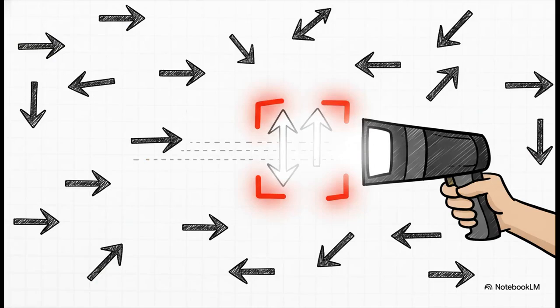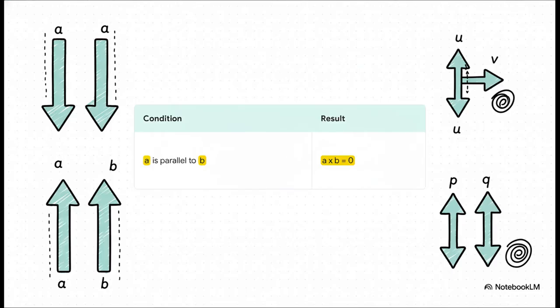Now, for the other side of that coin, it should come as no surprise that the cross product has its own equally useful superpower. And here is the crucial takeaway. If two vectors are parallel, their cross product is the 0 vector. I mean, just think about that for a second. Dot product equals 0, they're perpendicular. Cross product equals 0, they're parallel. It's just a beautifully simple test.